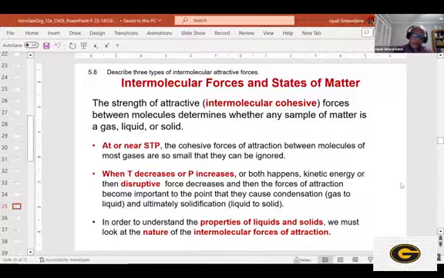So we explain the behavior of ideal gases and the consequences for real gases. Real gases at lower temperatures and high pressures are not ideal. They become liquids and solids because they have intermolecular forces of attraction.